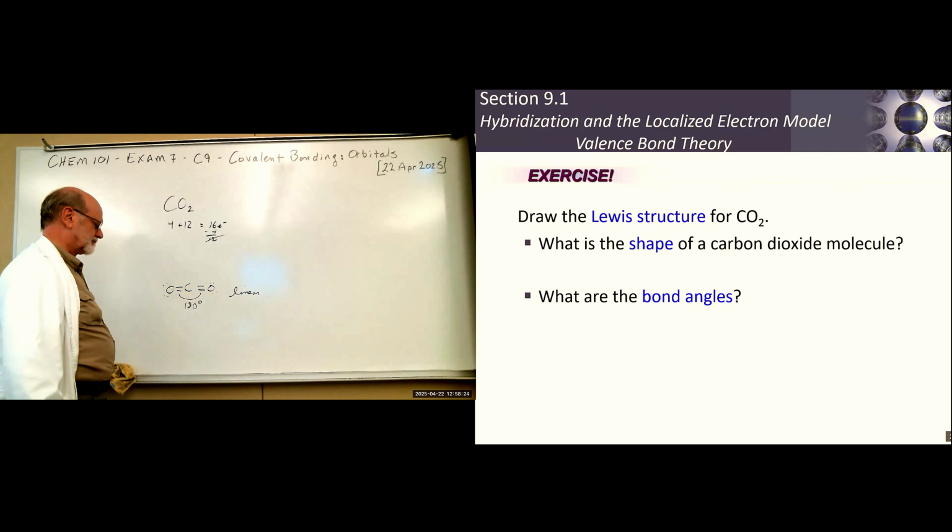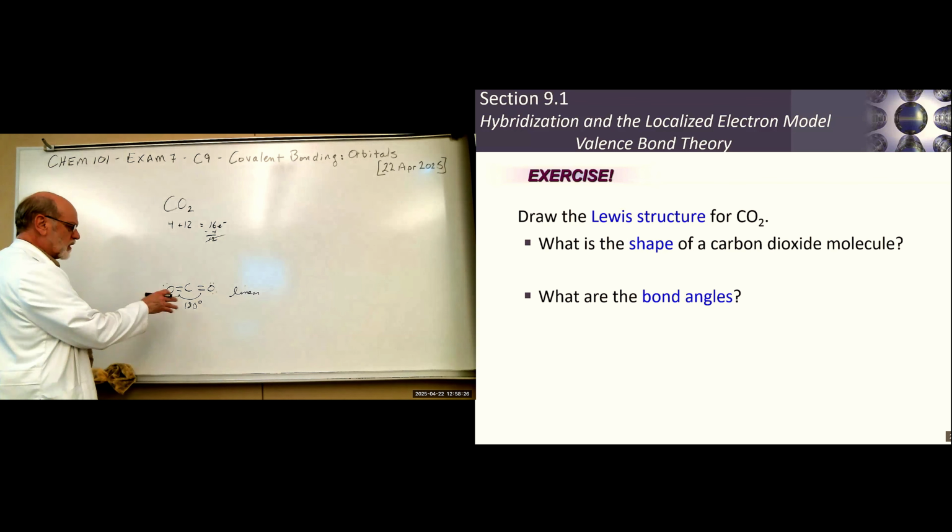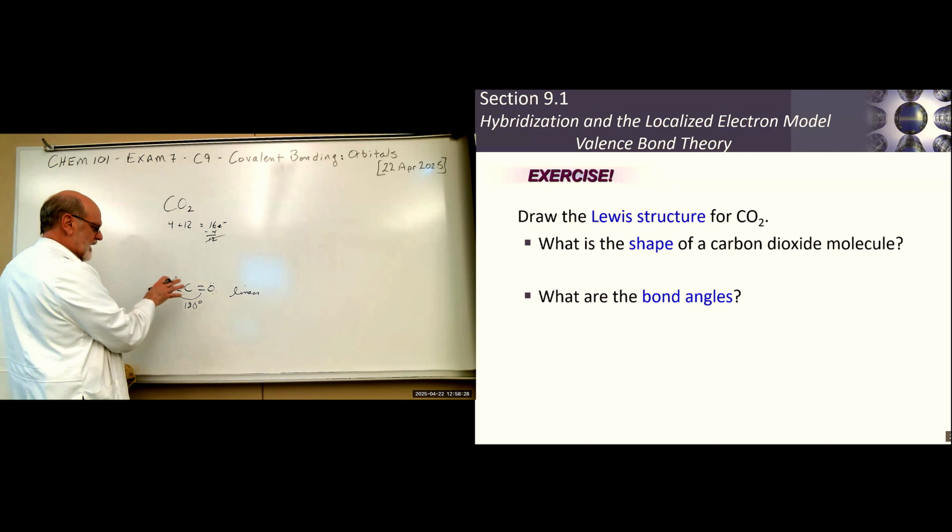Okay, how do we get there? Well, we need 2 equivalent hybrid orbitals that give us a 180-degree bond. So if we're starting from our S and our P's again, we only need 2 of those. So we actually have an sp hybrid that will give us the sigma bonds on either side.